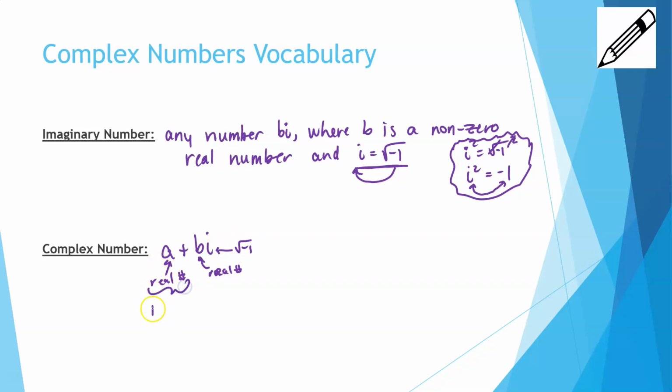But this first part then is considered the real part, and the bi is considered the imaginary part. Okay, it does include all real and imaginary numbers, complex numbers do.